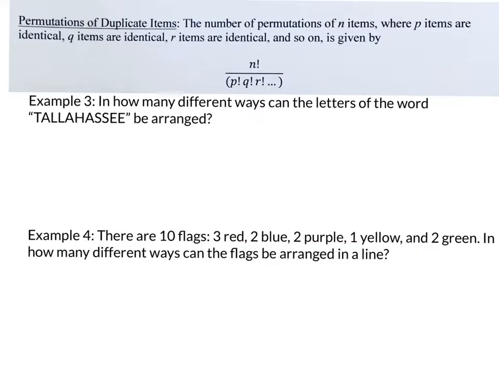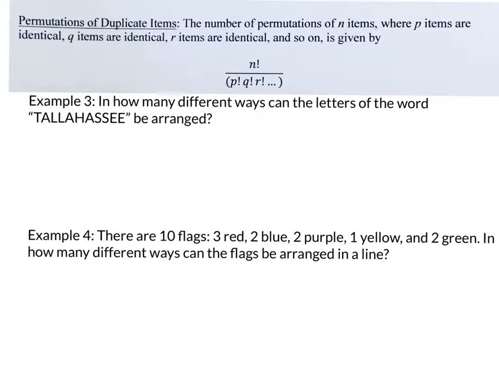The next formula deals with if you're counting still, but if there are duplicates or repeating items. So you're still going to rearrange all the items, whether it be in a row, in a straight line, or a vertical line, but we want to be on the lookout for anything that repeats, because when it repeats, we have to divide away whatever repeats so that we don't double count it.